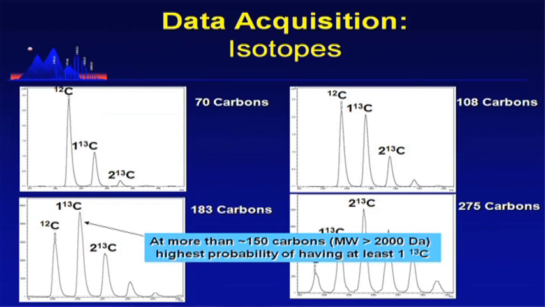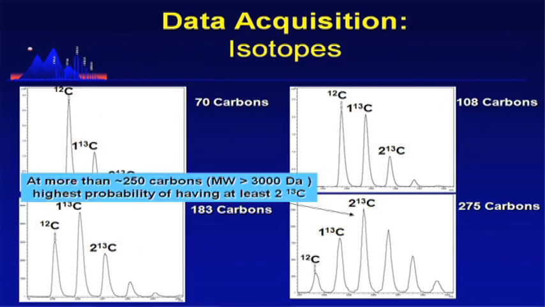And then eventually you get to the point where you get above about 3,000 Daltons, where now the second isotopic peak is the biggest. But this is still the one we're measuring. So this factor right here is one of the reasons why our mass range is limited. And it depends on the mass spec you're using.